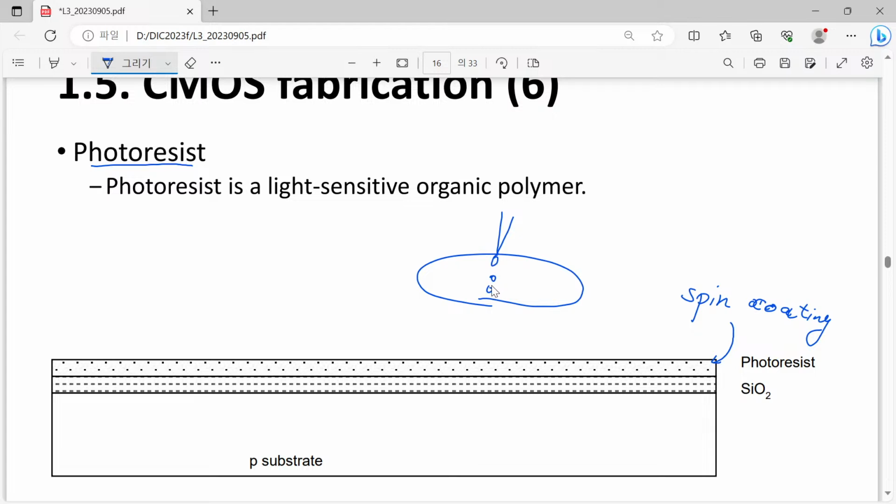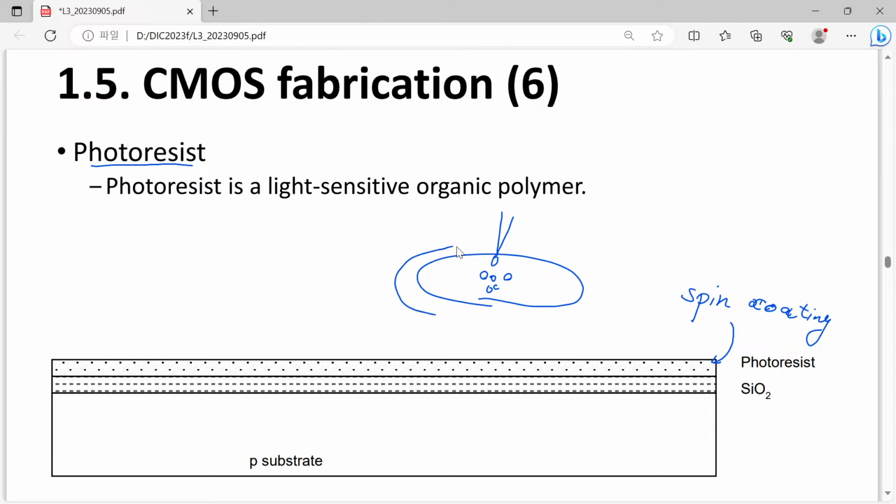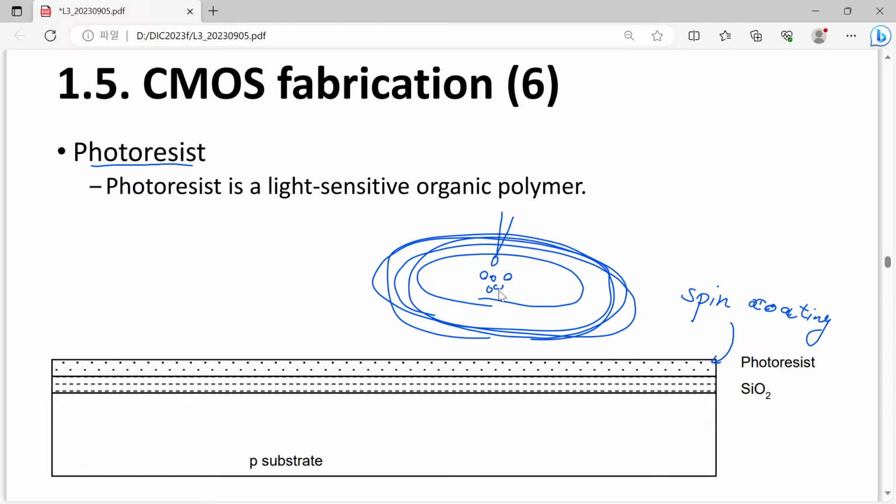At the beginning, you have just some drops on top of your wafer. After that, a so-called spin coater just rotates this wafer. Then what will happen? If you have a wafer and a small droplet of photoresist, then by the action of this rotation, it will be spread out uniformly over your wafer.